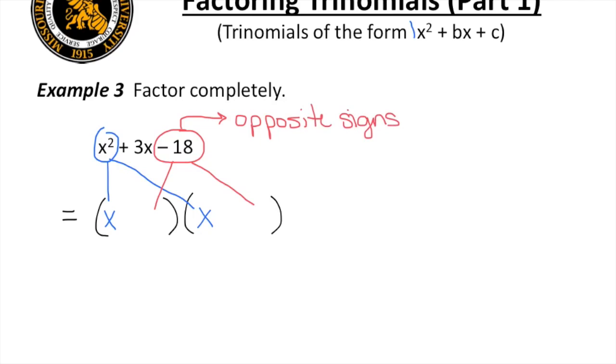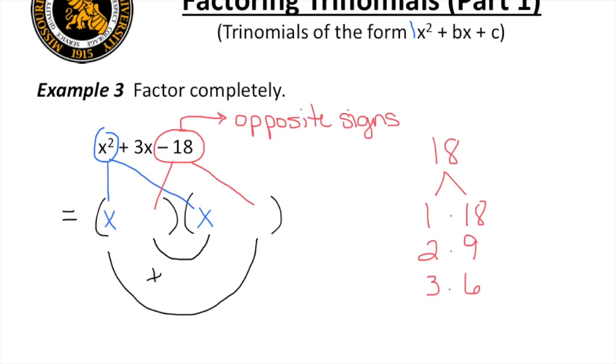So now let's consider the factors of 18. 1 times 18 gives us 18, as does 2 times 9 and 3 times 6. When trying to determine which factor pair to use, we must remember that the inner product plus the outer product is supposed to equal the 3x that appears in the middle.